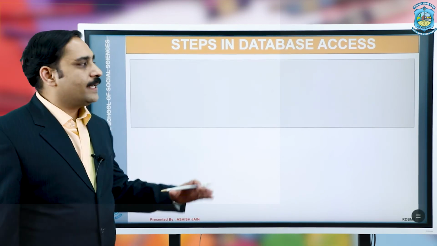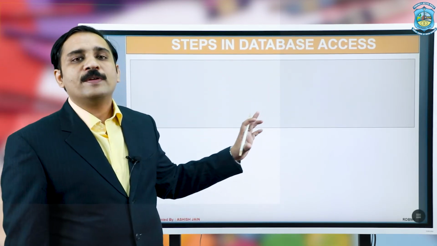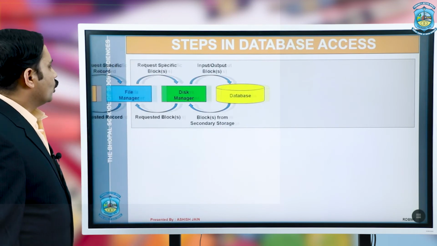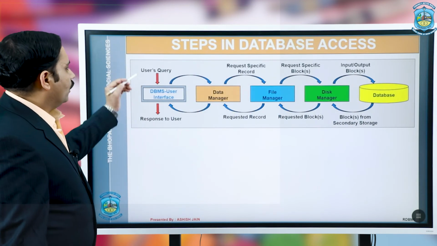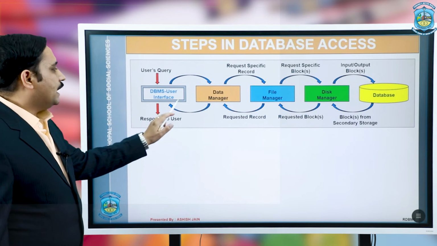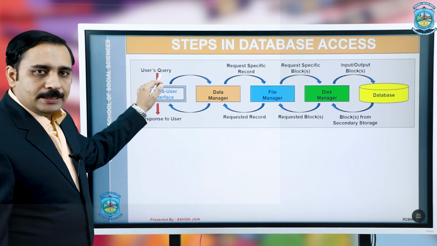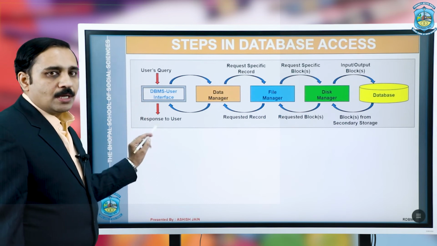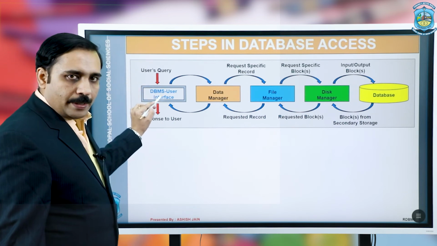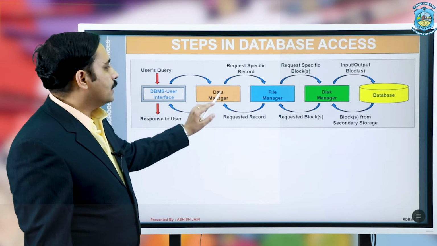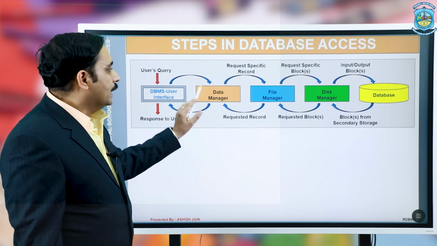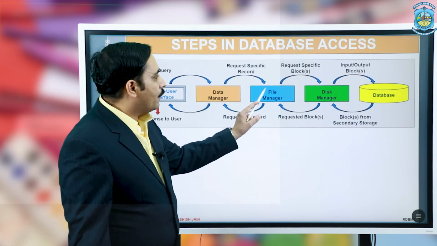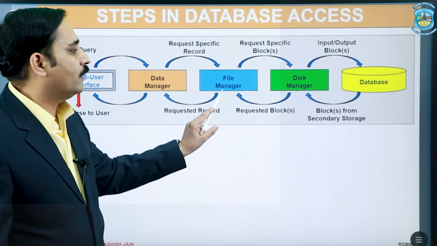Let us now see the various steps in database access. How do we access the database? These are the basic steps. First of all, we have the query. We have a DBMS user interface through which we enter this query in the system, and a response is given to the user. How? First, we put a query into the system. This query is read by the database manager. Based upon the kind of query, the database manager puts a request for the specific record to the file manager.